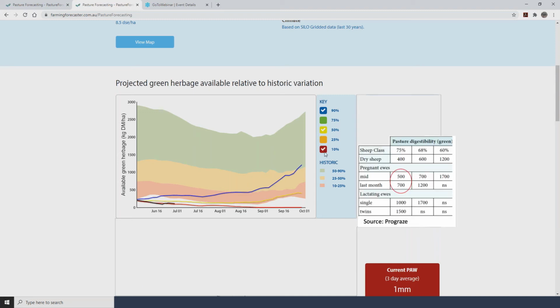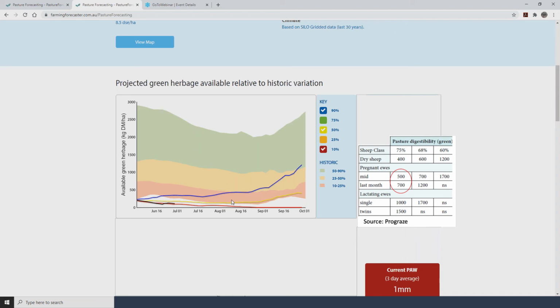The other thing to note is that pasture benchmarks can also be used to help interpret these graphs. So, for example, if we were to look at the ProGraze pasture benchmarks for pregnant ewes, it shows that ewes grazing high quality green feed of around 75% digestibility need around 500 kilos of dry matter to meet their requirements during mid-pregnancy.